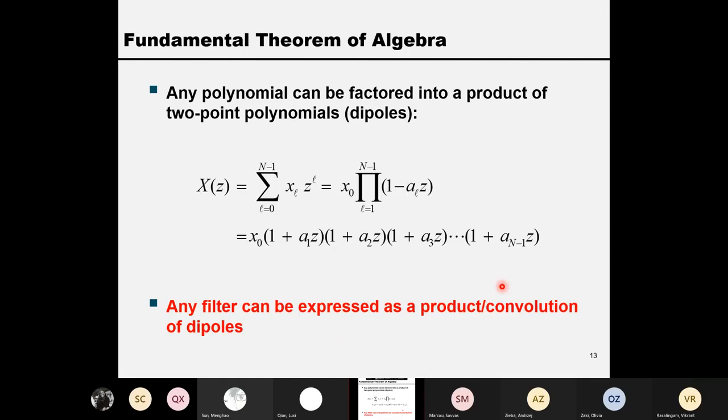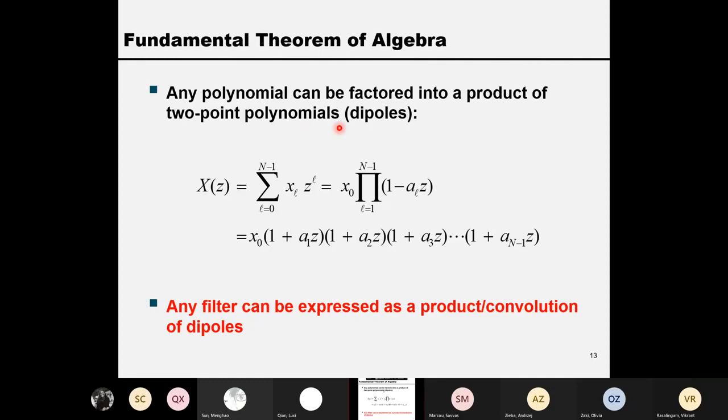We discussed the simplest filter, which only has 2 samples, called a dipole filter. In general, the filter may have more than 2 samples, could be 200, could be 300. So any Z transform polynomial can be factorized into a product of 2-point polynomials.